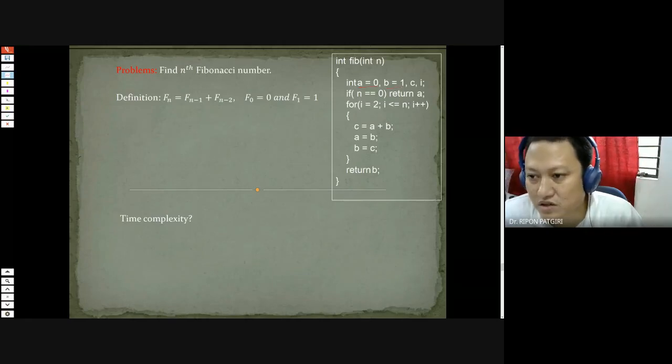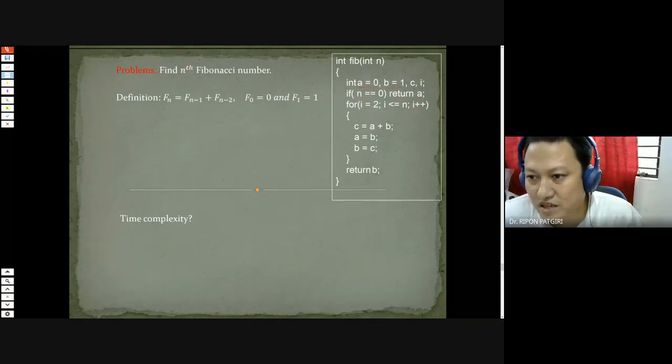If n is equal to 0, return 0. And if i is equal to 2, it starts from 2, then i is less than n, then i plus plus, then c equal to a plus b.